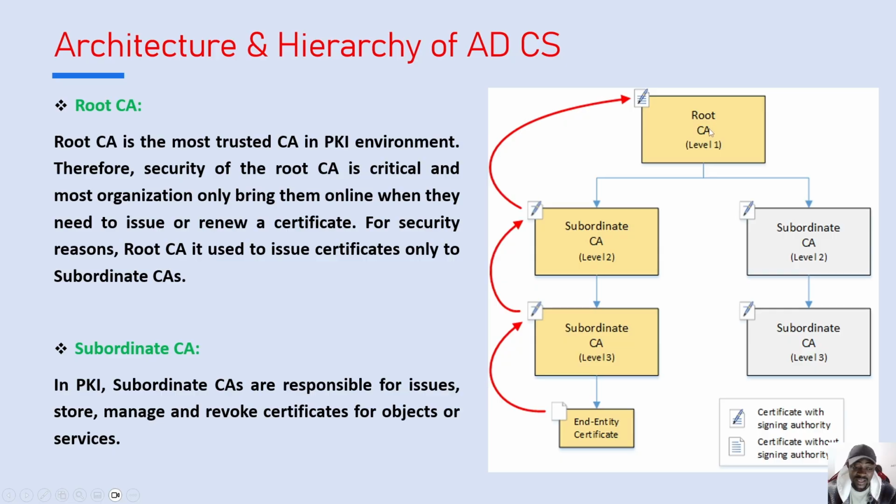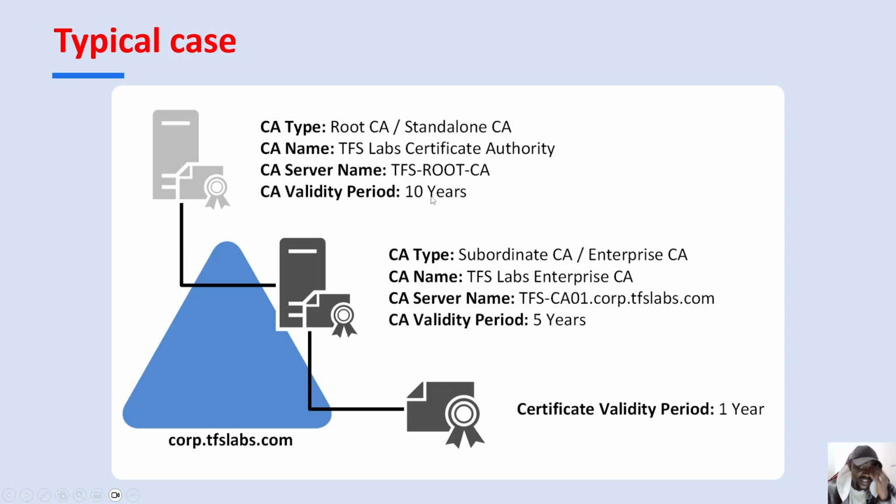That root CA certificate will be renewed later. If you say the certificate is renewed after 5 years, then after 5 years we need to connect to the root CA and renew the CA certificates. So one of the typical cases that we have in companies is like this.